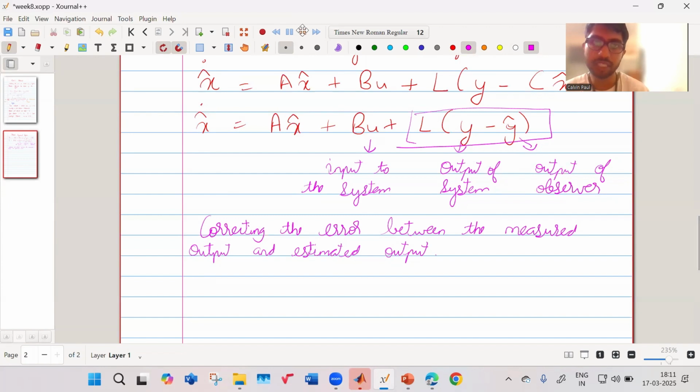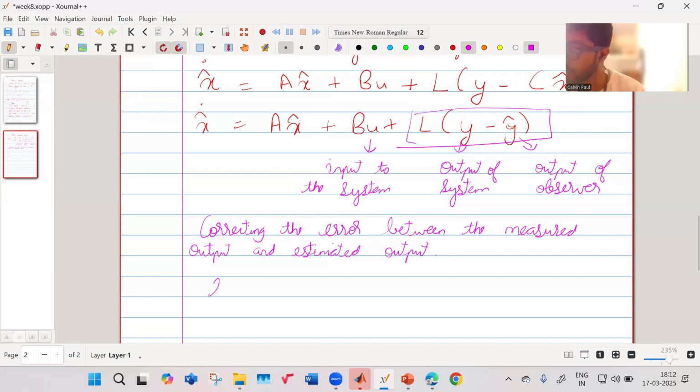And the objective of the correction term is what? It will try to correct the error between the measured output and the output estimated by your observer. When it applies that correction factor, it will bring your measured output and your estimated output close to almost zero. And if it is able to do that, then the estimated state from your observer and the actual system state will be equal.